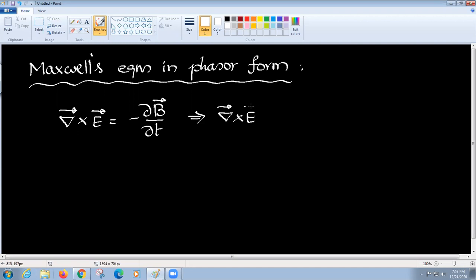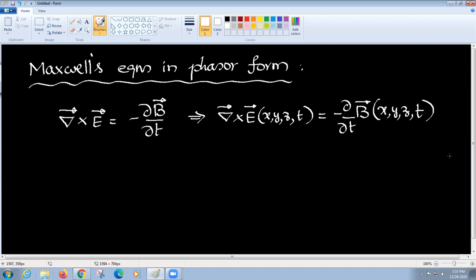I'll take my E like this: E depends on both space as well as time. So curl of E is nothing but minus dou by dou t of B, where B is also a function of both space and time. Now, see, this is in the instantaneous form.